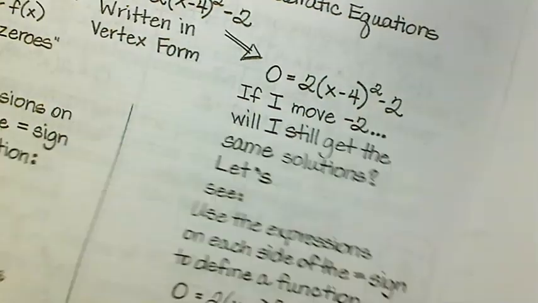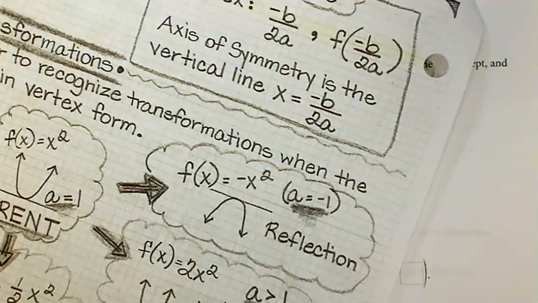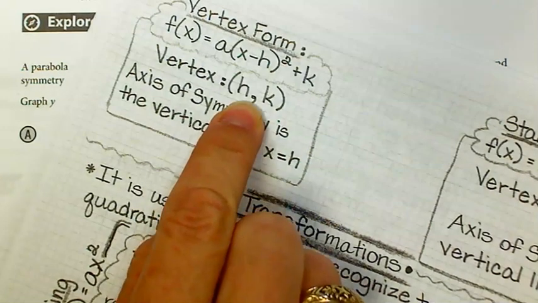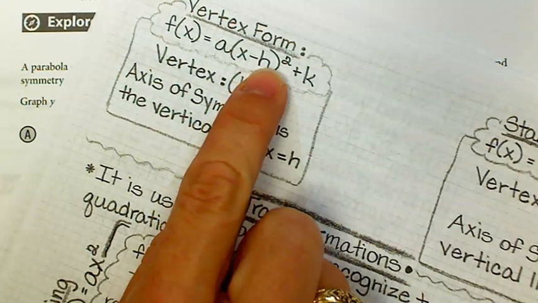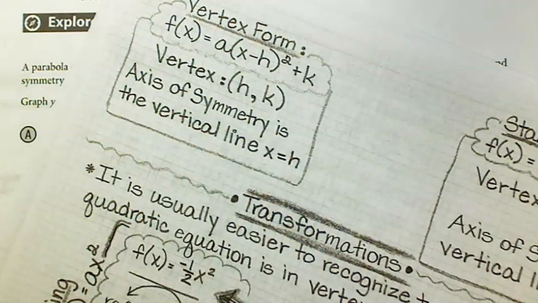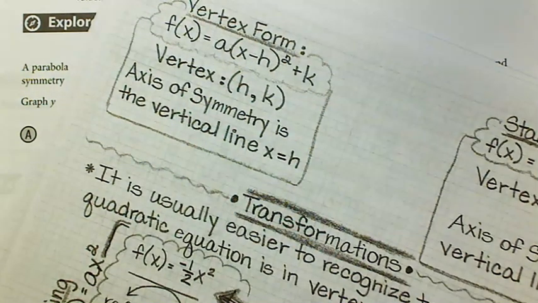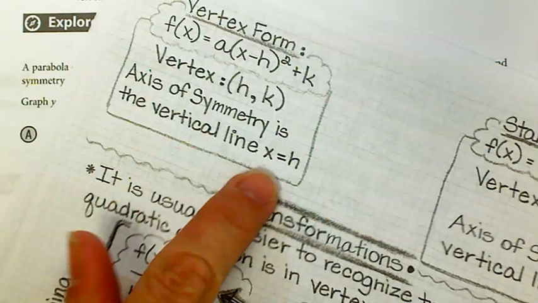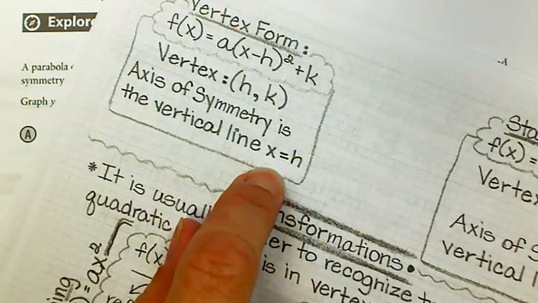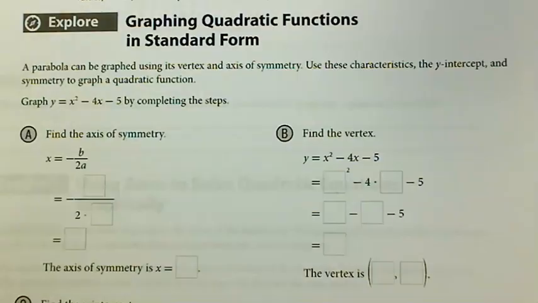That is called vertex form because it's really handy if you need to know the vertex, because the vertex is just that h value, k value. So that's basically the x and y coordinate of the vertex. Remember, the vertex is the point on the parabola where it turns around. Okay, and the axis of symmetry is the vertical line x is equal to whatever h is. All right, so that's in your notes, but let's get back to page 823 in Module 17.